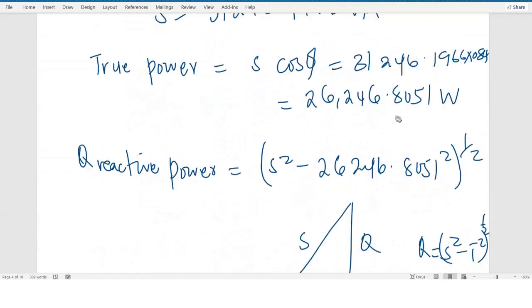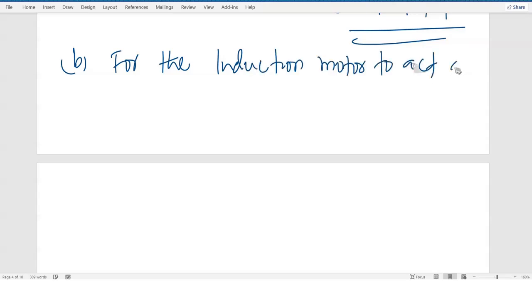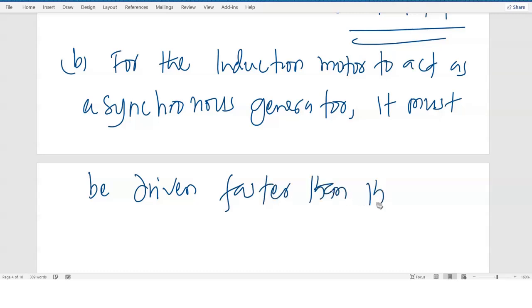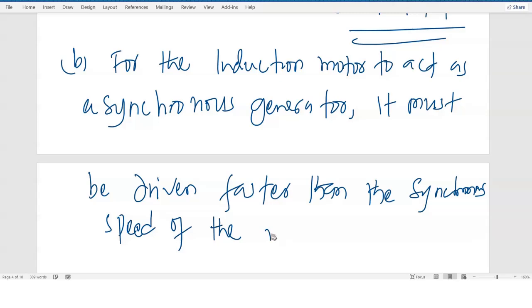So at what speed should the driving engine run to generate a frequency of 60? So here, we are going to part B. For the induction motor to act as an asynchronous generator, it must be driven faster than the synchronous speed of the rotating magnetic field.